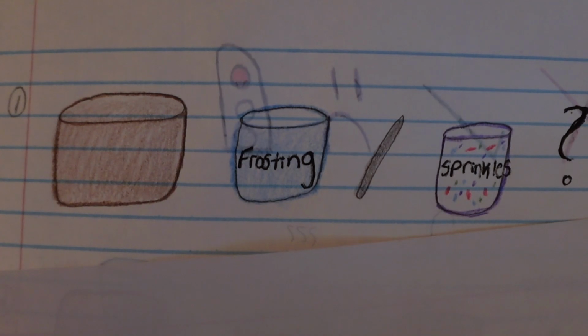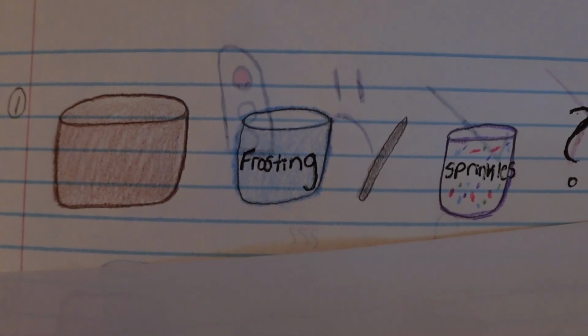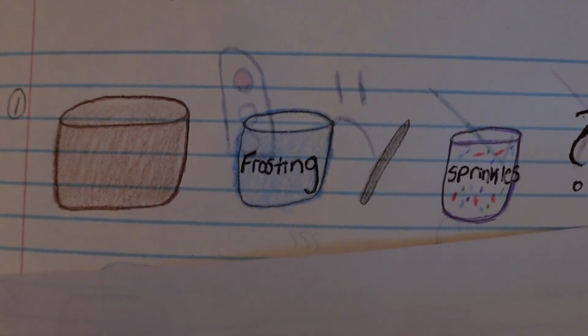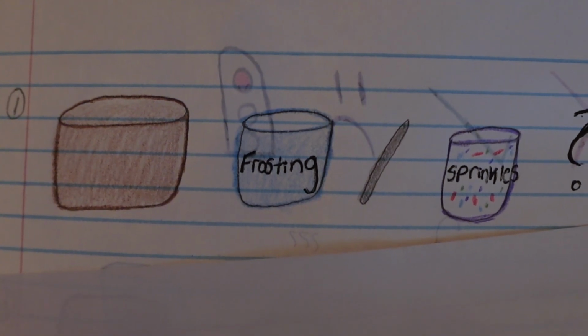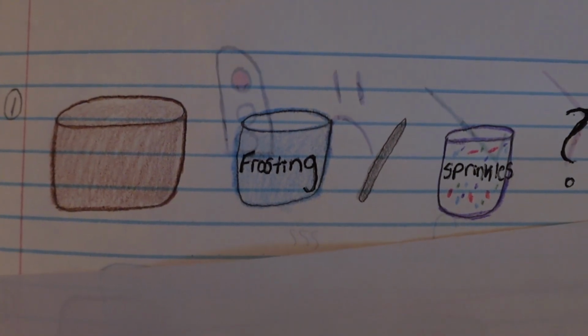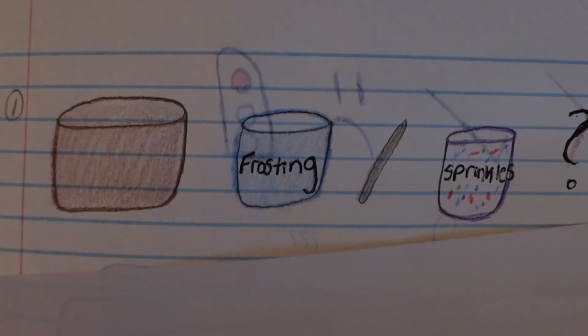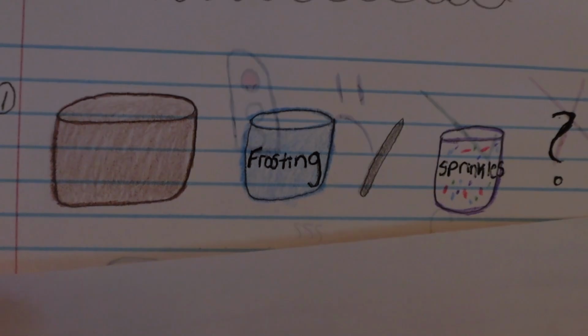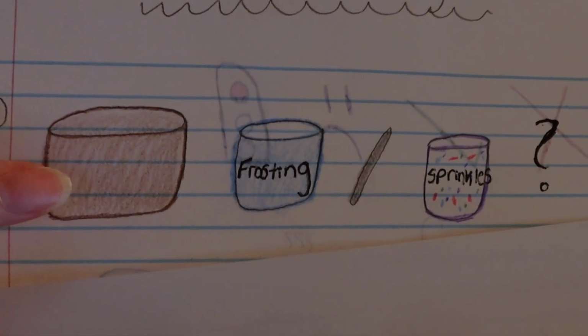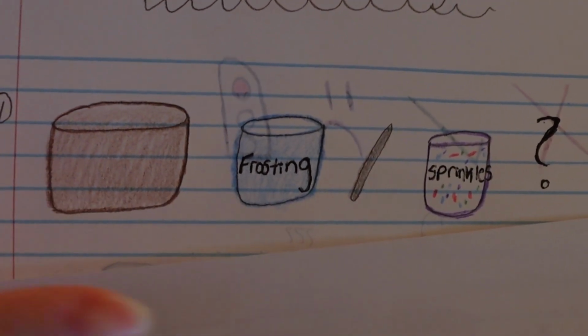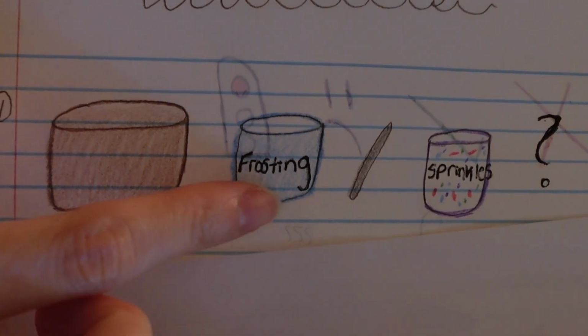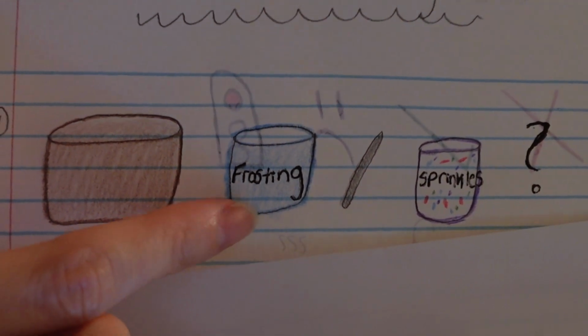So, we are trying to make a birthday cake, okay? And I want to know what is missing. Here's what we have. We have a cake right here. We have the frosting right here.